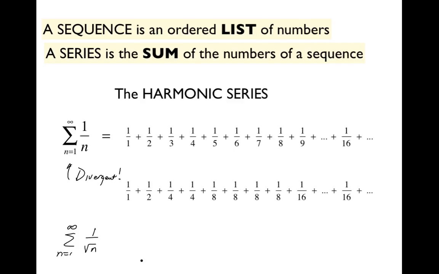If the sequence doesn't approach 0 in the end, we can just stop the conversation. Why? By the divergence theorem, it's divergent. The only series worth talking about are the ones whose sequences go to 0. Otherwise, it's over. You're going to try to add those up, and it's never going to add up to anything. Never converge on a particular sum.